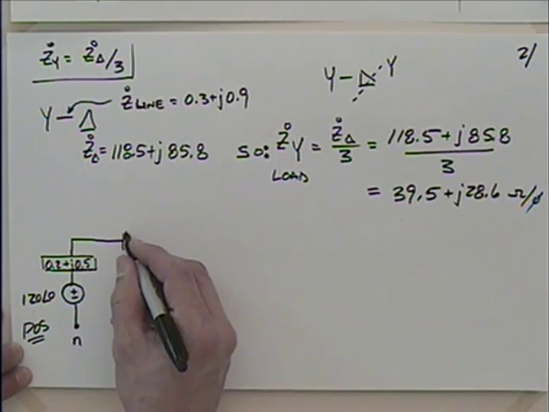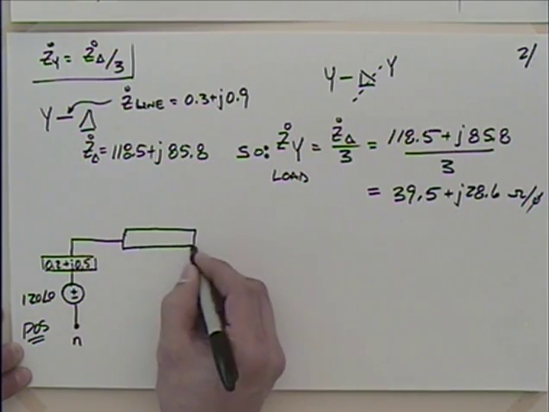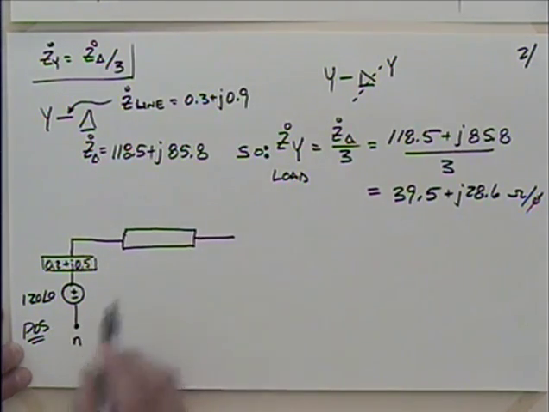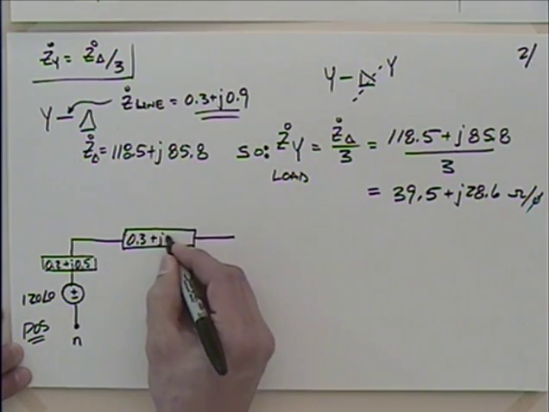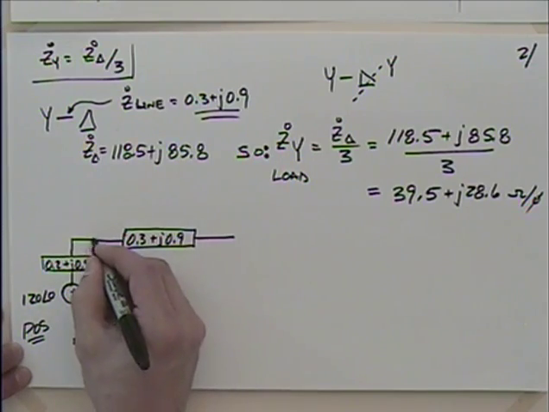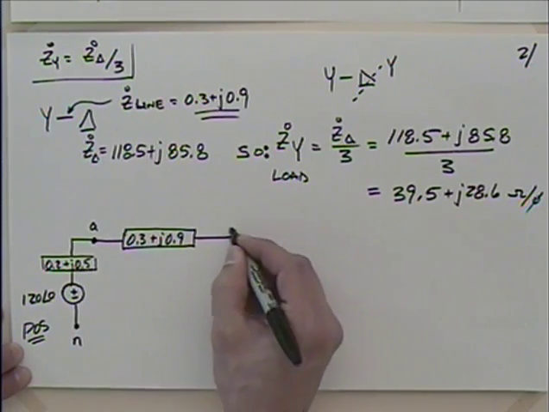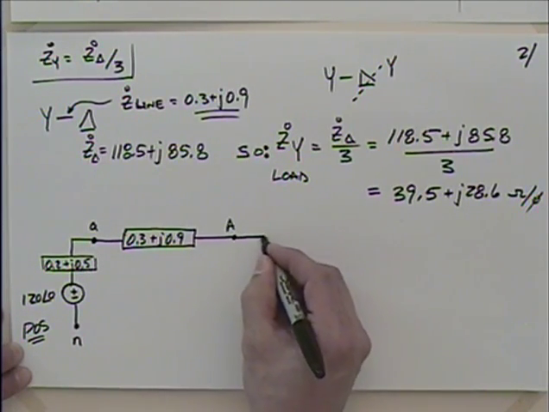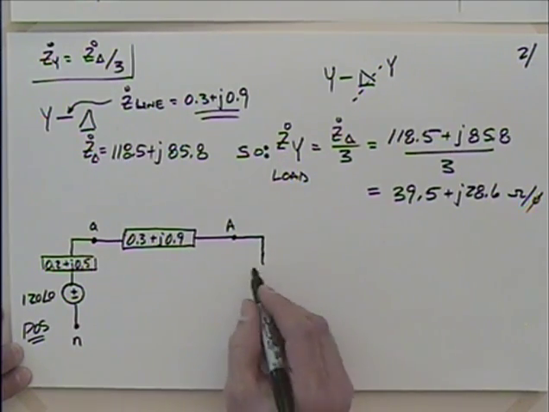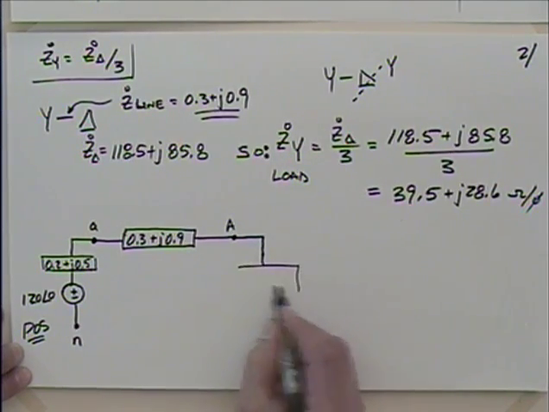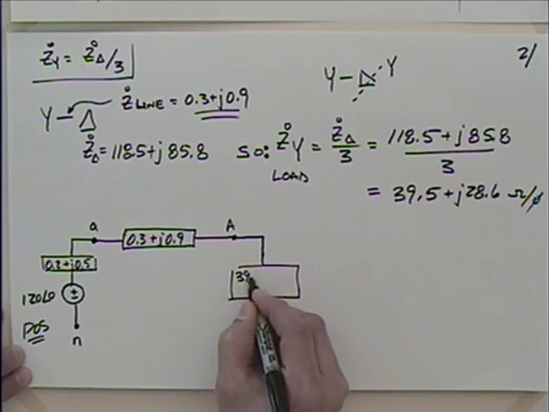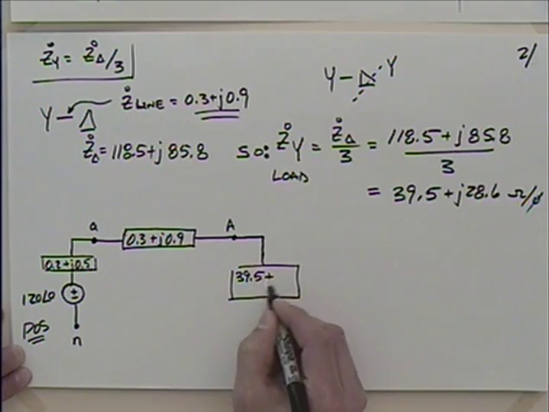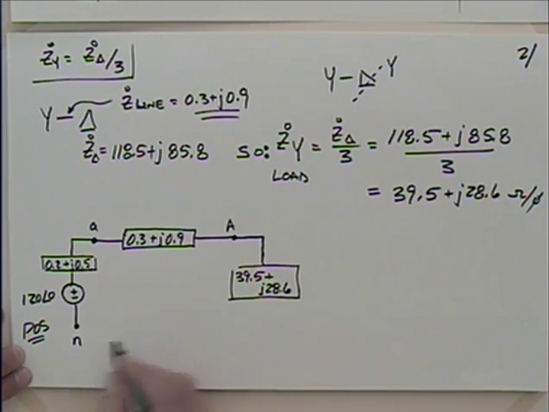And then things get new. We've got a new line impedance. What was that? 0.3 plus j0.9. And then we get the load. We'll put the load over here, which is 39.5 plus j28.6.